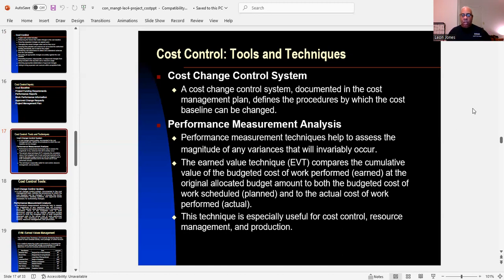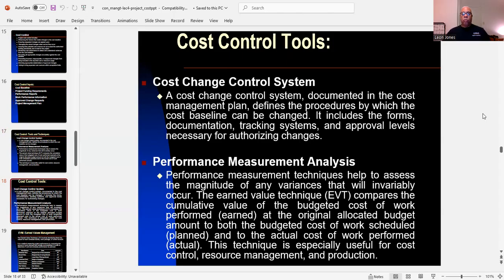Then you have the EVT, which is the earned value technique, and it compares the cumulative value of the budgeted cost of work performed, or earned, at the original allocated budget amount to both the budgeted cost of work scheduled, the plan, and to the actual cost of work performed, the actual.